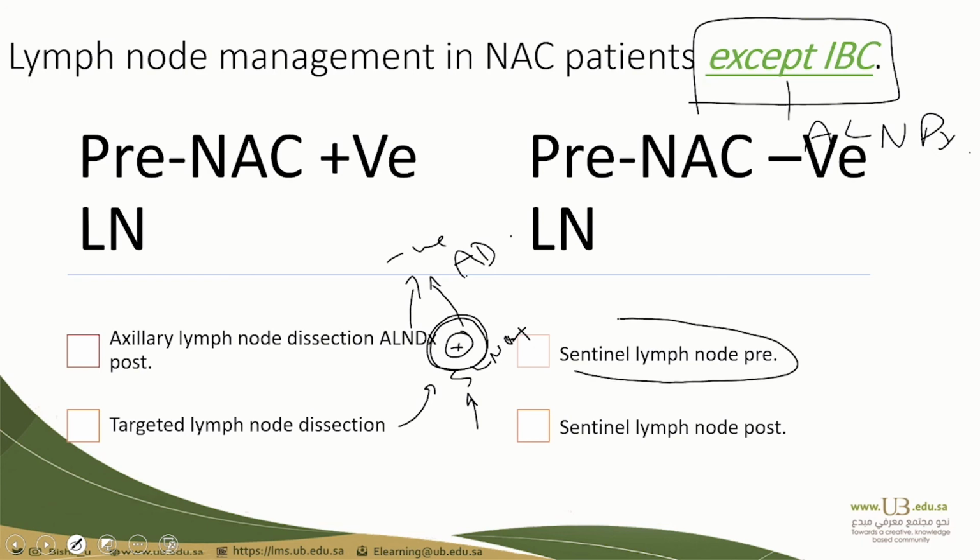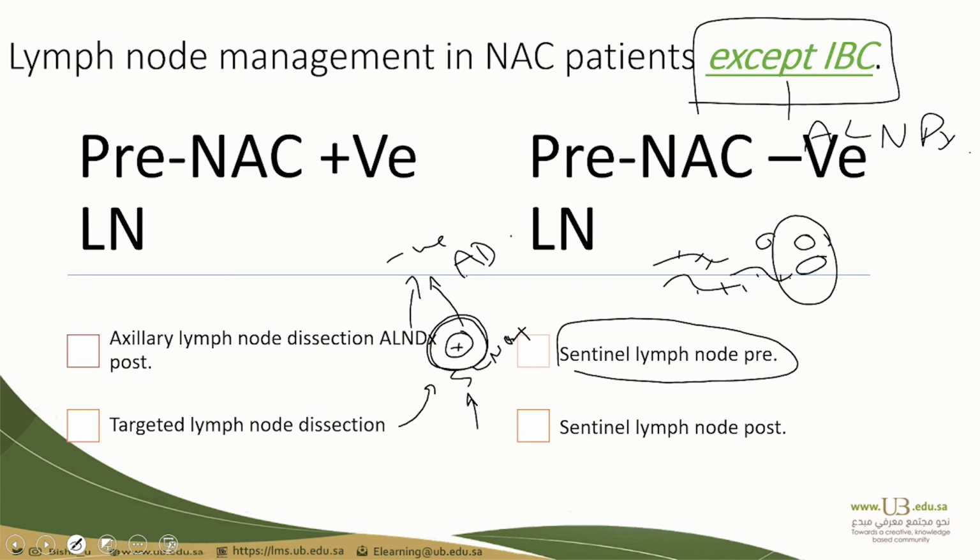Those people who are doing it pre, they have some studies which show that the neoadjuvant chemotherapy will affect the lymphatic system and lymphatic vessels, and this will not give them the right sentinel lymph node.